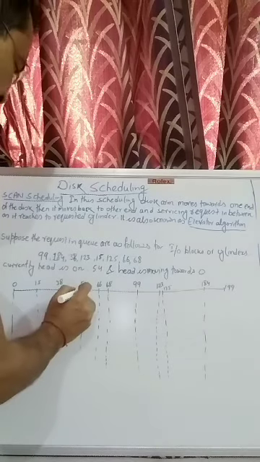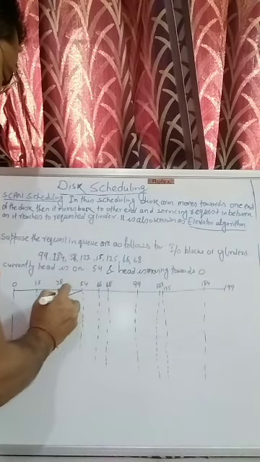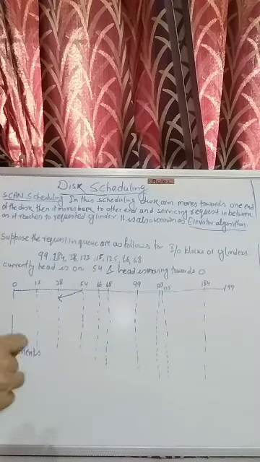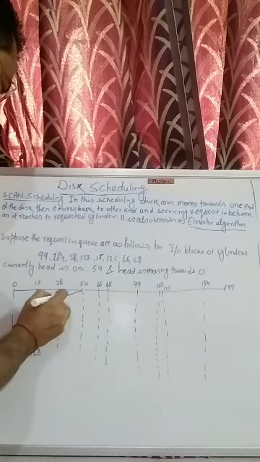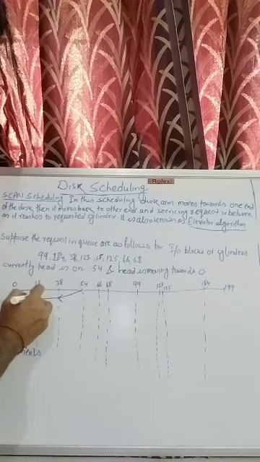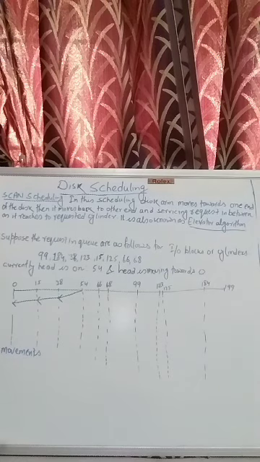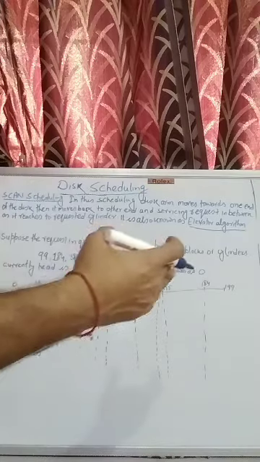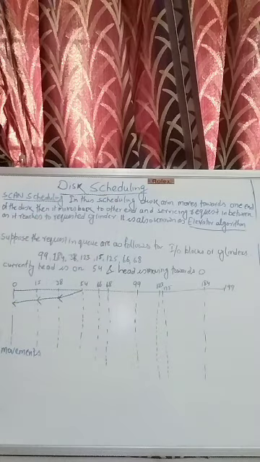So we can start from this, and the head processes the first request, that is 38. After 38 it moves to 15 and then finally it goes to 0. Because in scan scheduling, the head moves from the start cylinder to the last cylinder and from the last cylinder to the first cylinder, 0 cylinder.